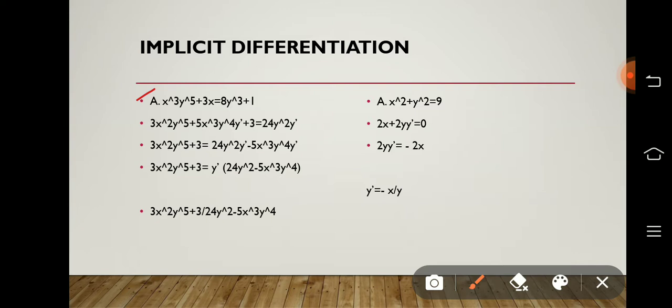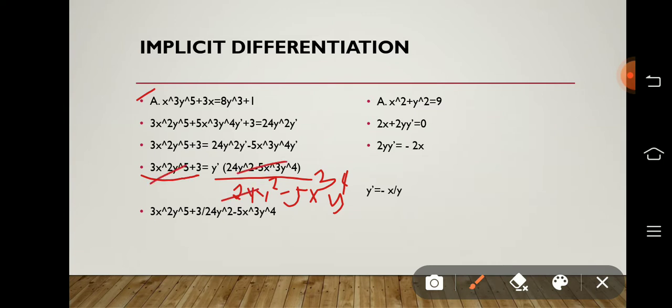So divide both sides by 24y squared minus 5x cubed y raised to the 4th, the same expression here in order to cancel it out.